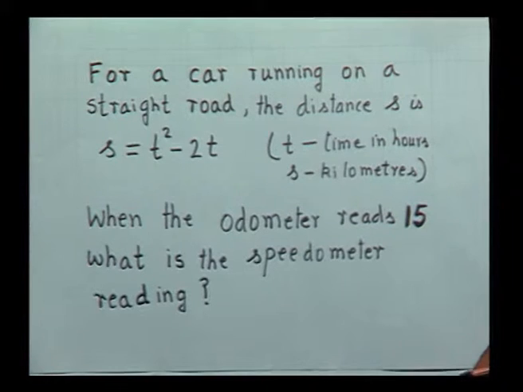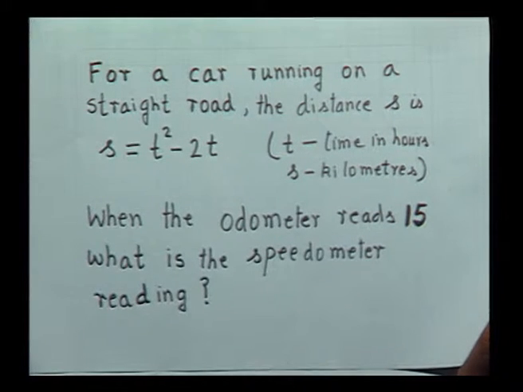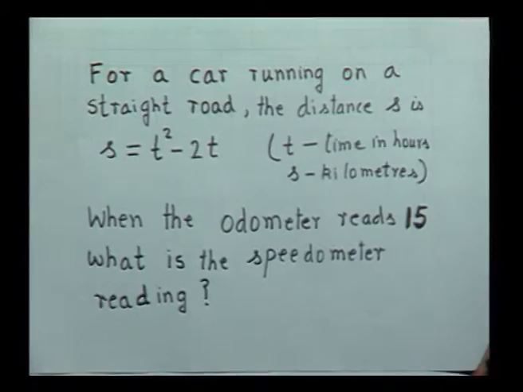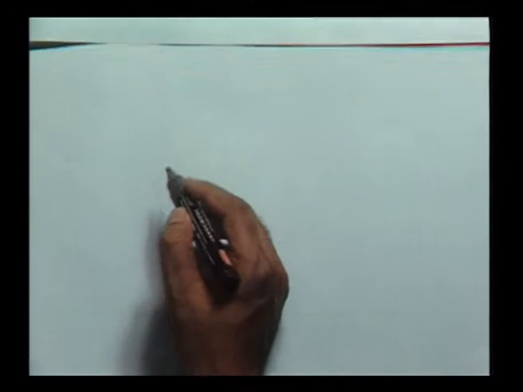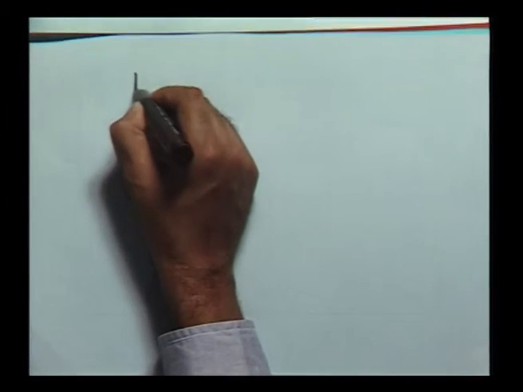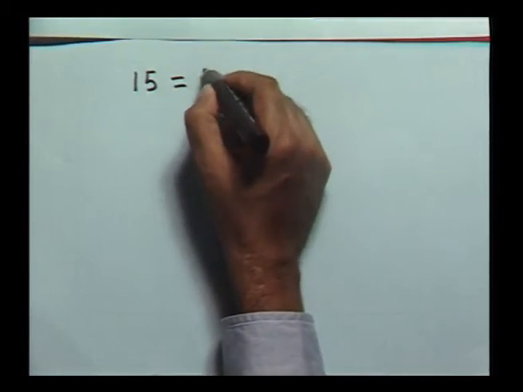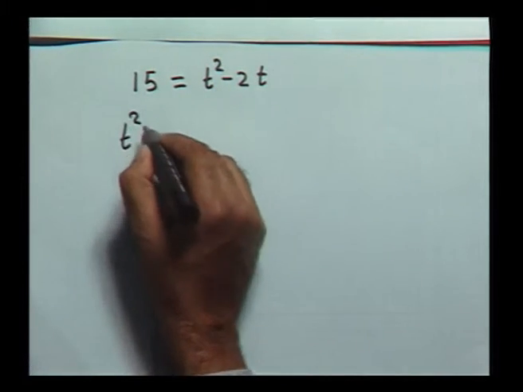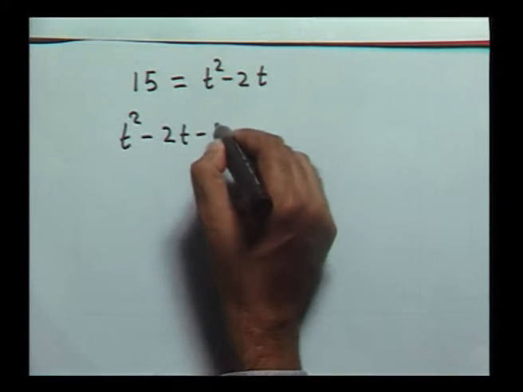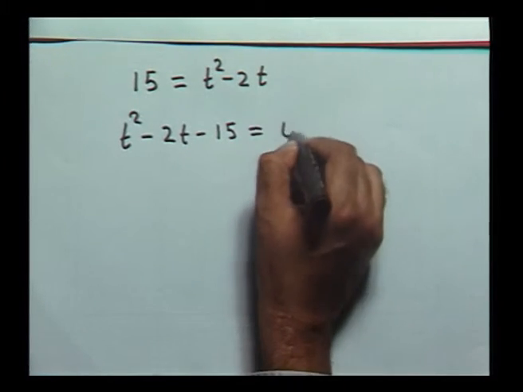Well, we first need to find out if the car has traveled 15 kilometers, how much time did it take to do that, or when it is at the distance 15, what is the instant of time? So, by the expression s equal to t square minus twice t, I get 15 is equal to t square minus twice t, or t square minus twice t minus 15 is equal to 0.